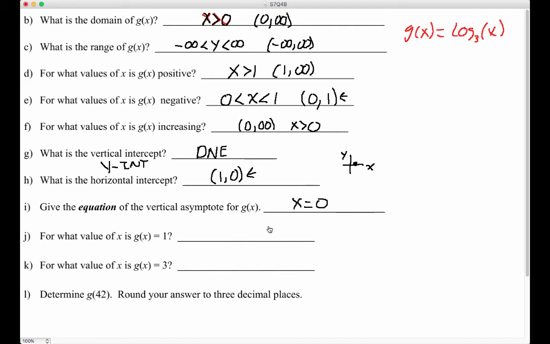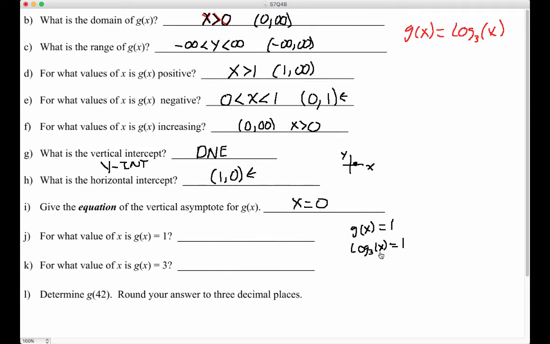For what values of x is g of x equal to 1? Okay, so that's asking us to solve the following equation. G of x equal to 1 says that logarithm base 3 of x is equal to 1. And so as we did on one of the earlier questions here, we're being asked to solve this equation by using the inverse to the logarithm, which is the exponential.